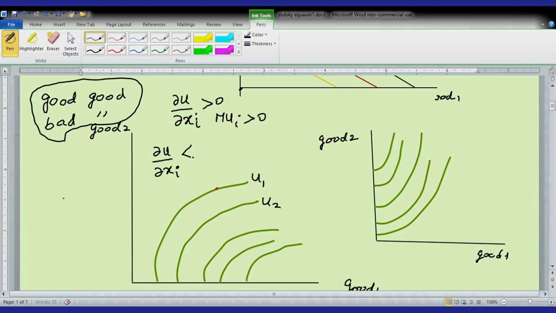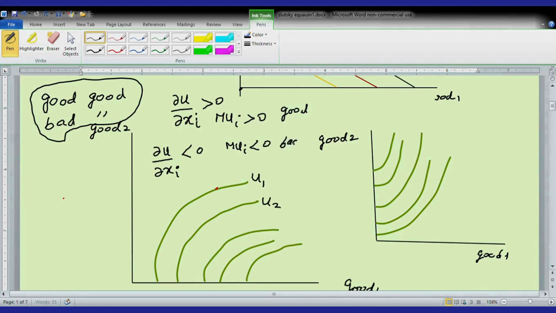The partial derivative of the utility function with respect to the ith good is less than 0, which is like suggesting that the marginal utility of this good is less than 0. So this is the indicator for a good, and this is the indicator for a bad good.